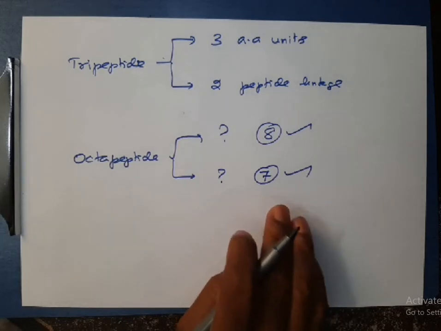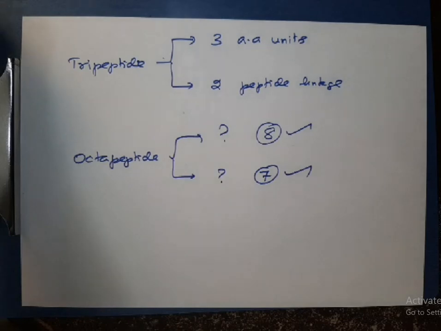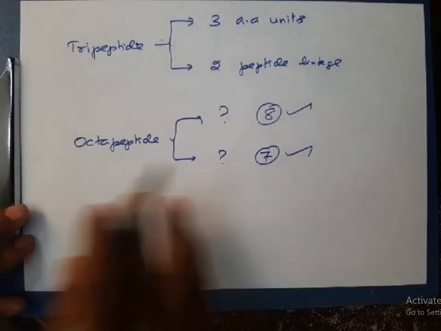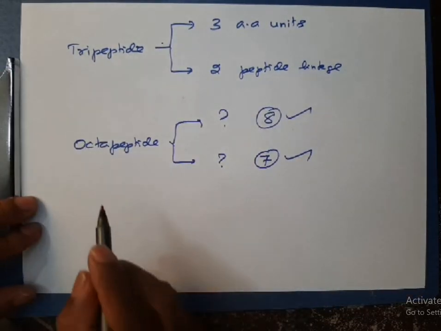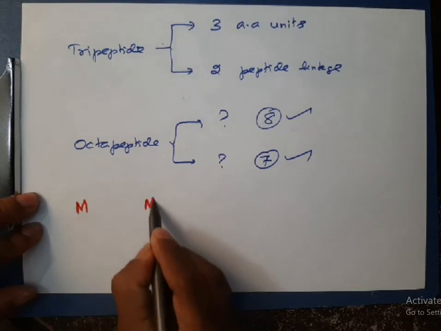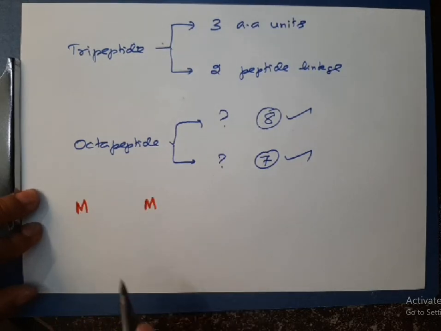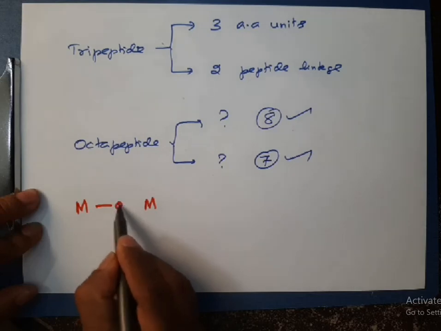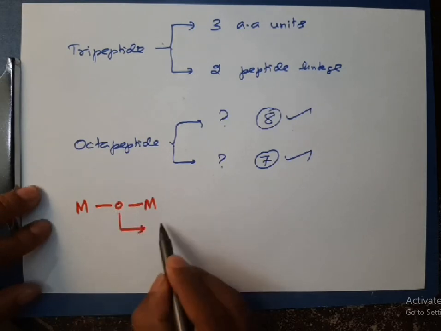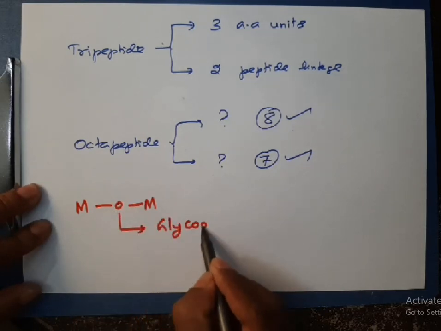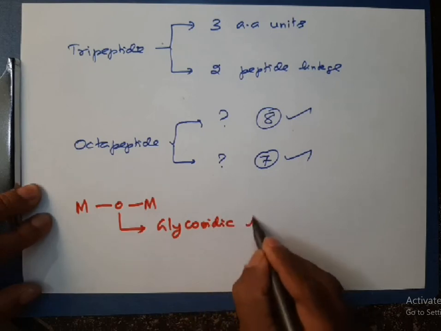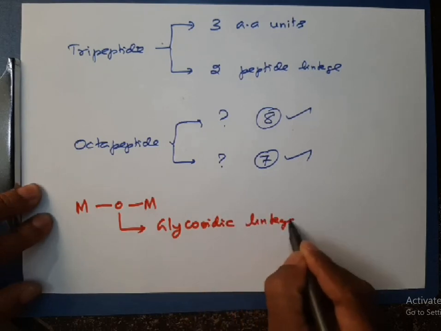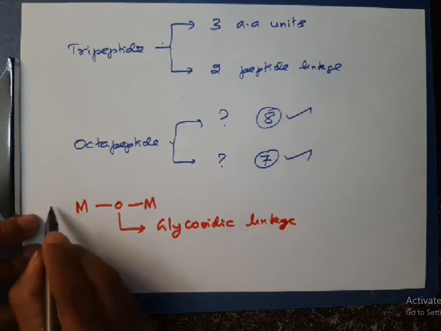Okay. Take note, and keep this in mind, student. In carbohydrate chemistry, two monosaccharides are connected through an ether linkage, and that linkage is called a glycosidic linkage. I'm just making you remember this point.